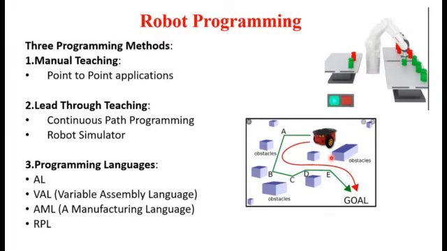So continuous path programming and robot simulator can be done through lead through teaching. Some programming languages can also be used: AL, which means assembly language, VAL, variable assembly language, a manufacturing language, and AML. By using these programming languages, we can set instructions for the robot and perform various operations.